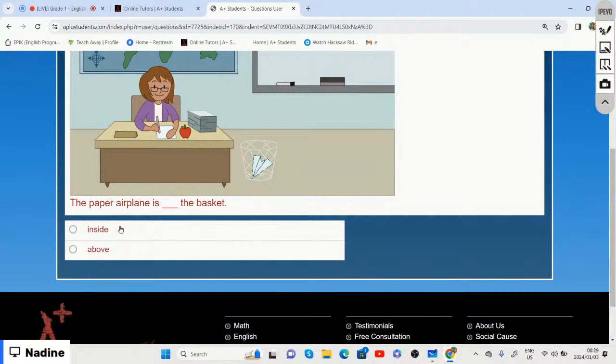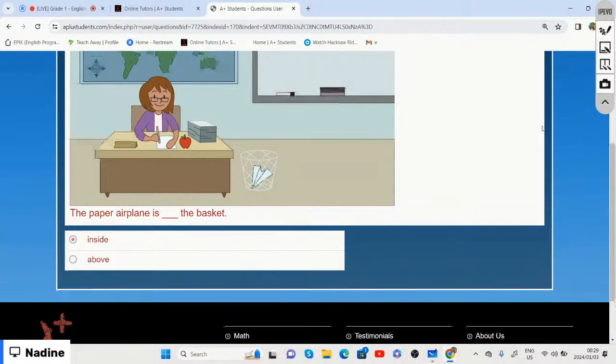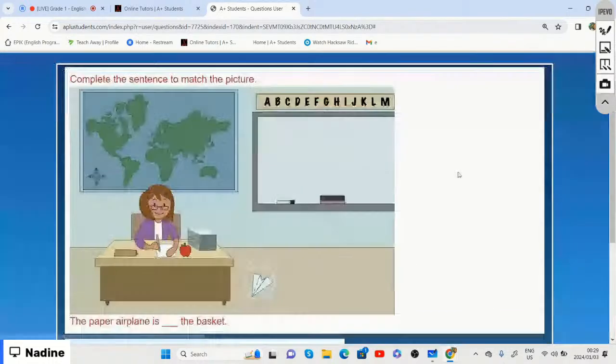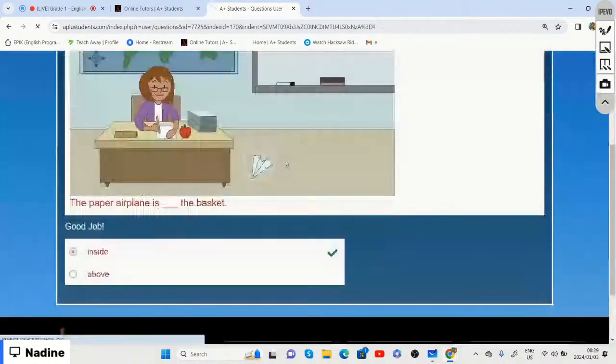Is it inside the basket or above the basket? All right, so we can say the paper airplane is inside the basket, right? It's inside the basket.